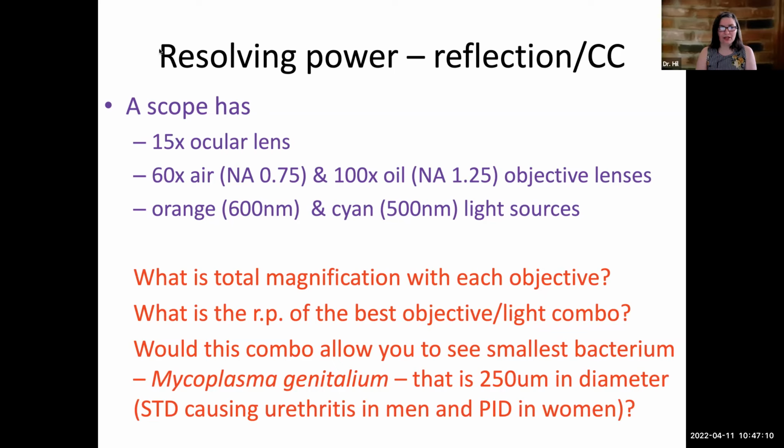And how did you calculate that? You took 15 and you multiplied it by 60. Pretty straightforward. Obviously, if you take the 100x oil, the total magnification is going to be 1500x, right? As you take 100 times 15. So that's the magnification. What is the best light source that you want to use if you're trying to get a good RP?